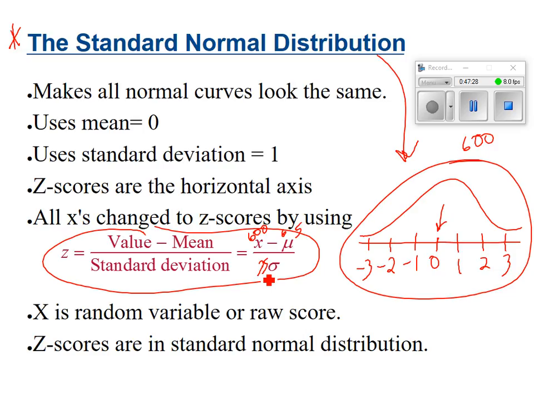Let's see, negative 75 divided by 35 is negative 2 point something. So that score would fall somewhere about in there. And we can look at it that way and say, okay, that's where that person scored, that's 600, that's where it fell.